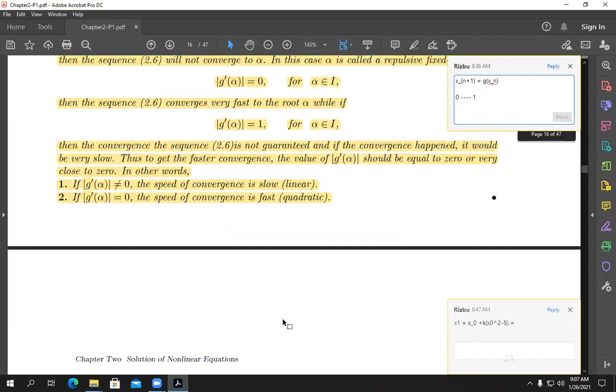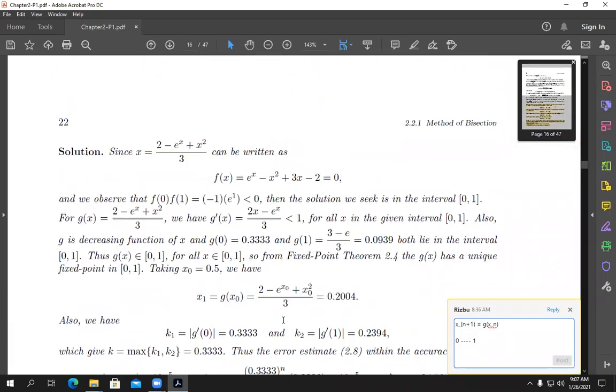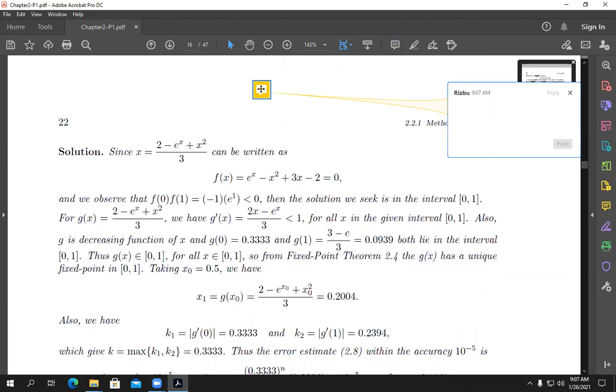Now let's do some examples. Before I give you this example, can any student give me an idea: how can we find g of x? Remember I told you how we find g of x? We take x on one side. f of x is always given, right?